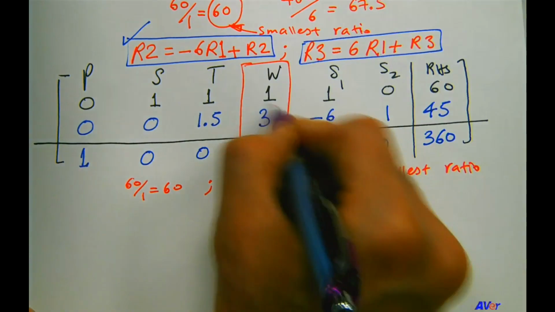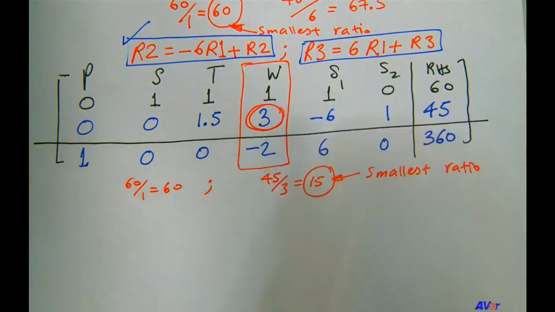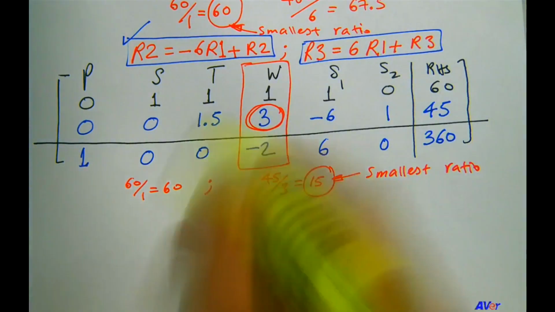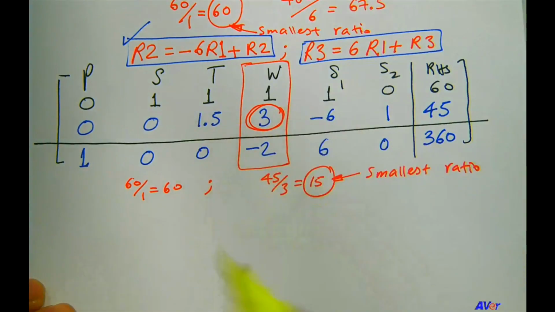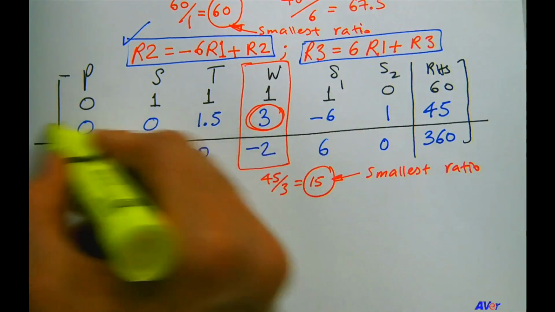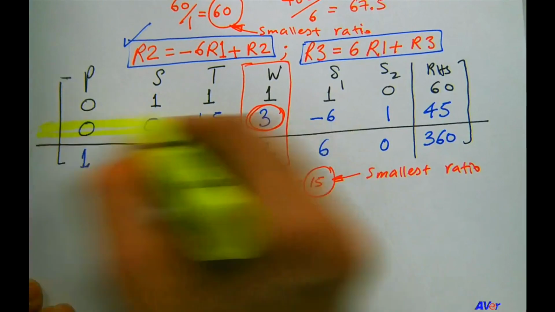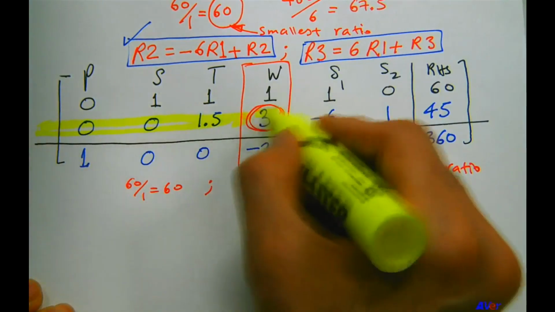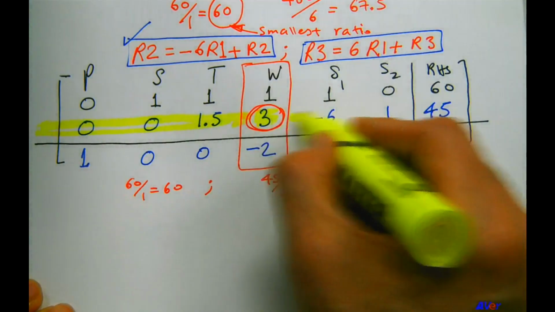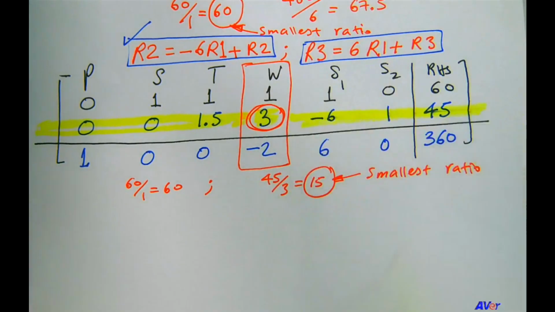Right? So the 3 becomes the pivot element, which means we need to convert that to 1. So the second row is the pivot row.